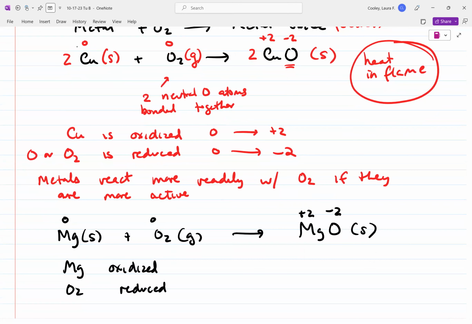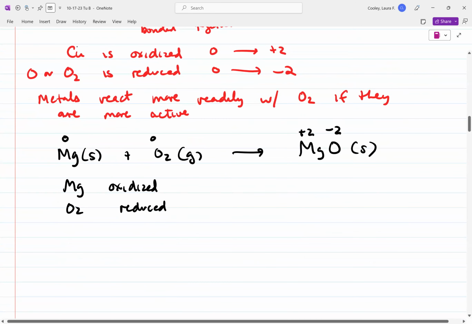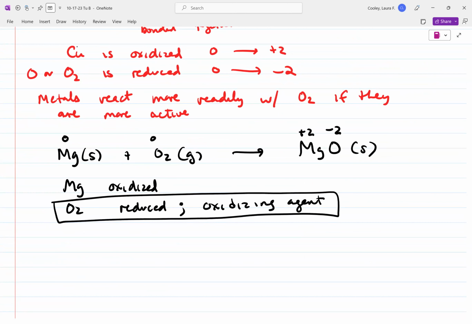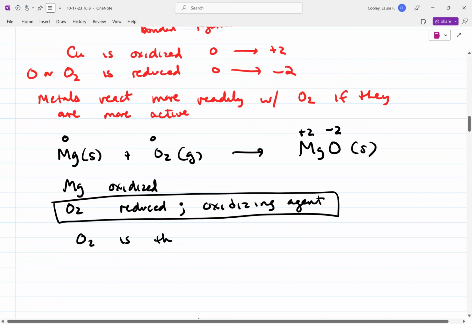It goes to -2. So, okay, that makes oxygen the oxidizing agent. Oxygen is the OG oxidizing agent, the original oxidizing agent. That's where the word comes from, okay? Oxygen is the original oxidizing agent.